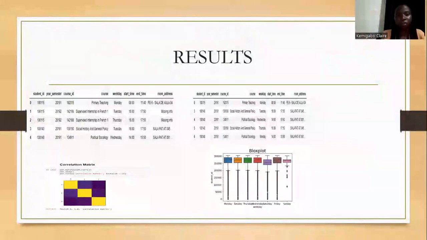The results before cleaning our data are in the left corner, and the results after cleaning are in the right corner. As I told you, we used the box plot to appreciate our data set so that we can identify outliers which don't lie within our data set.